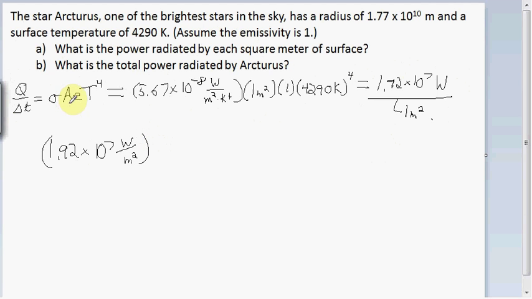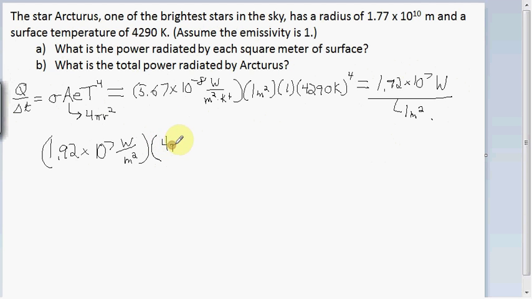And the area, this is the surface area of a sphere, which is 4 pi r squared. That will be on your formula sheet if you need it, so you don't have to worry about memorizing that, although it's a fact that everyone should know.